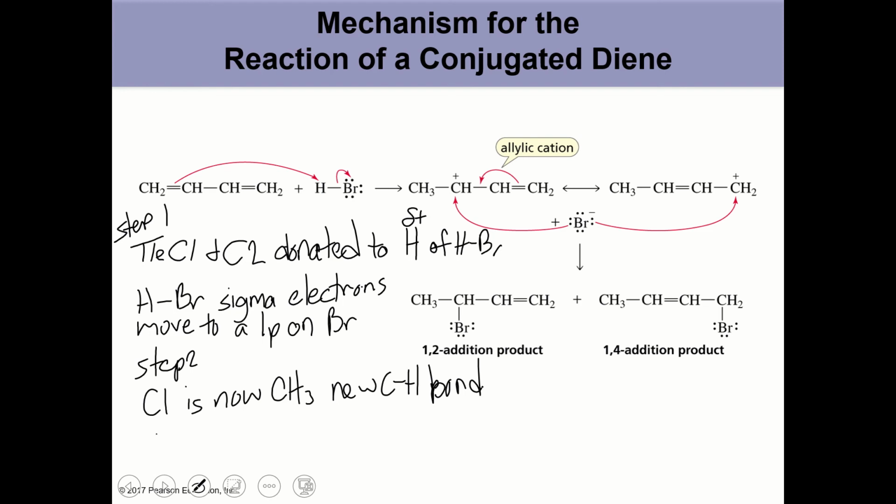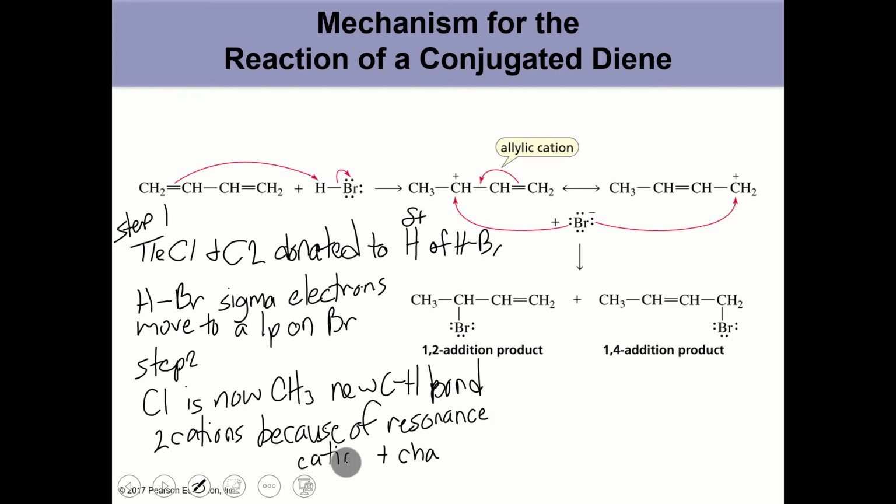We have two cations because of resonance. And those two cations have the positive charge in different places.